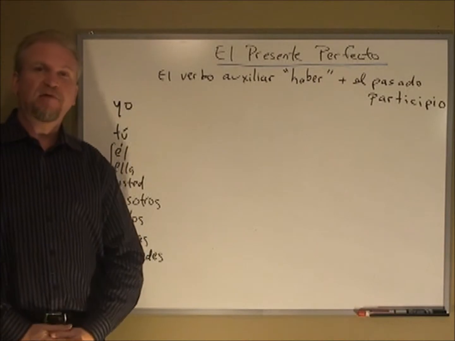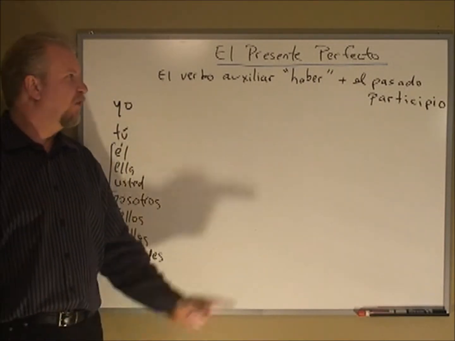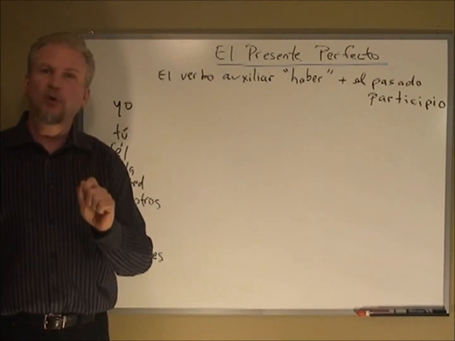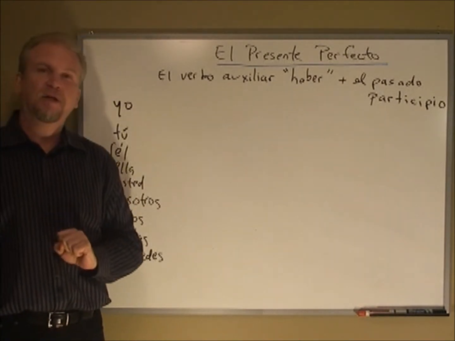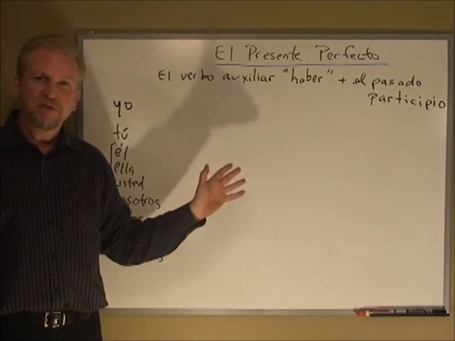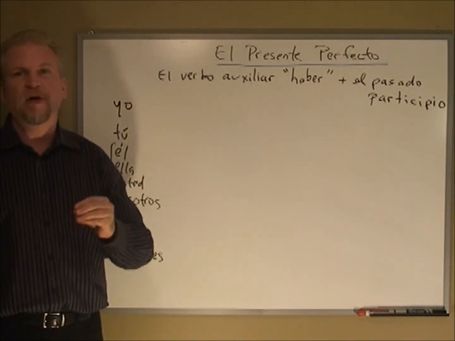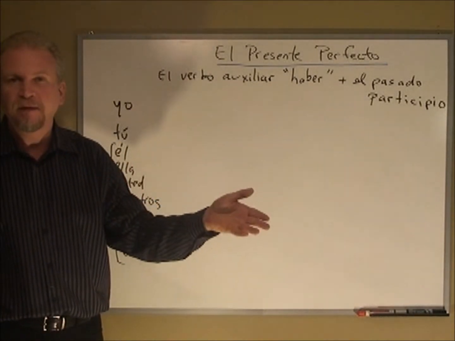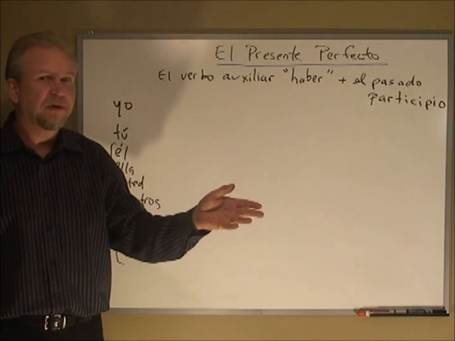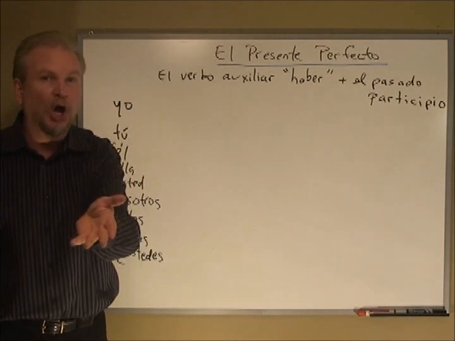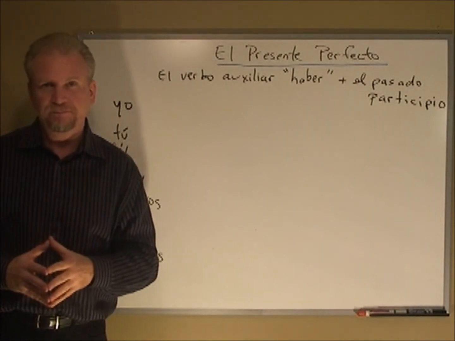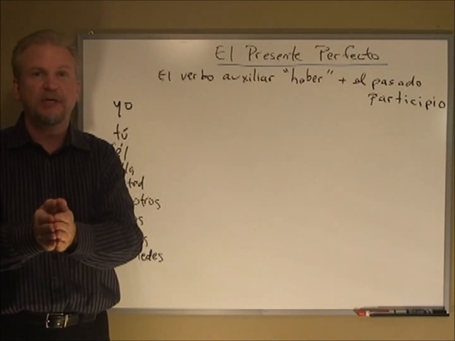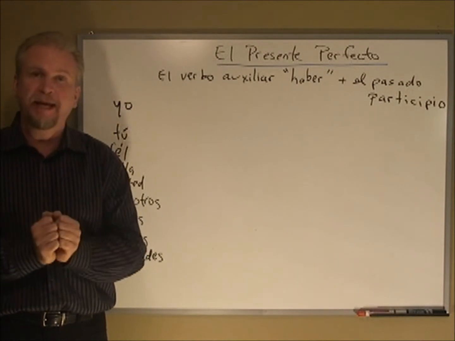Now, the main difference being, the verb haber is only used as an auxiliary verb. Let me be a little more specific. This is the tense in English where we would talk about I have been, he has eaten, she has gone. Well, that has in English doesn't really mean to have something. When we possess or have something, we use the verb tener.